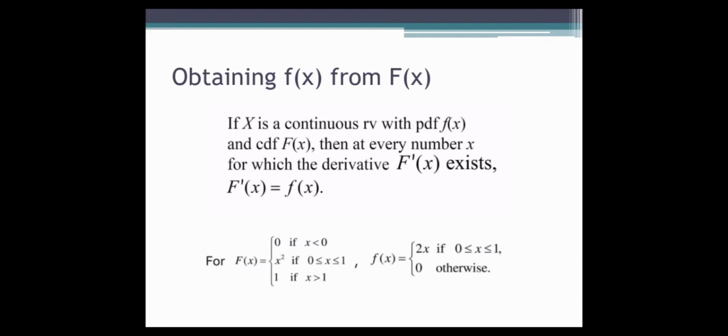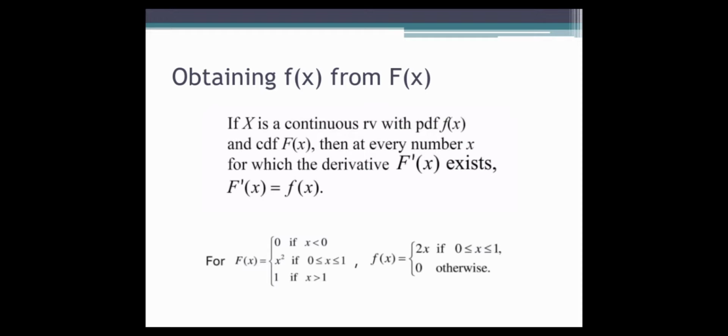So, in this example, F of x is equal to 0 if x less than 0, then x squared if 0 less than or equal to x less than or equal to 1, then 1 if x is greater than 1.